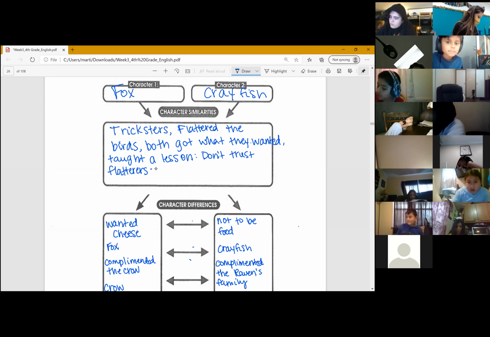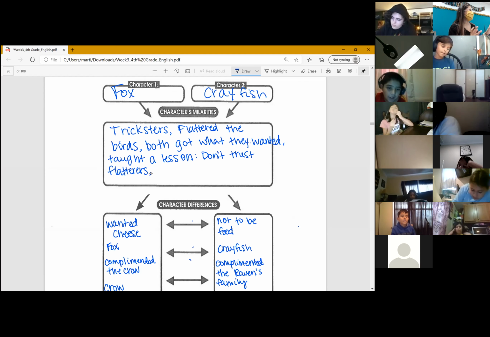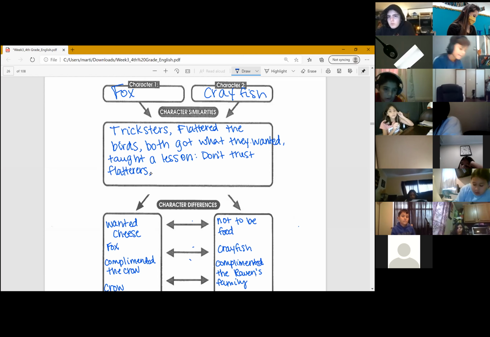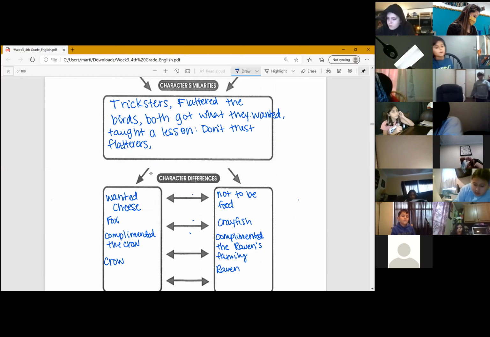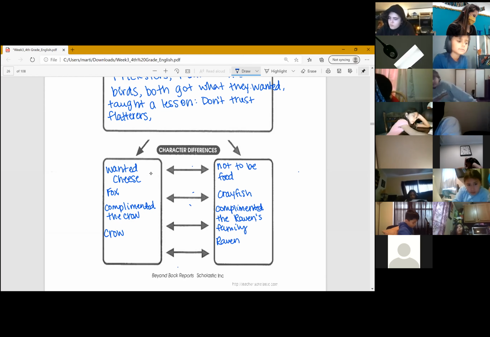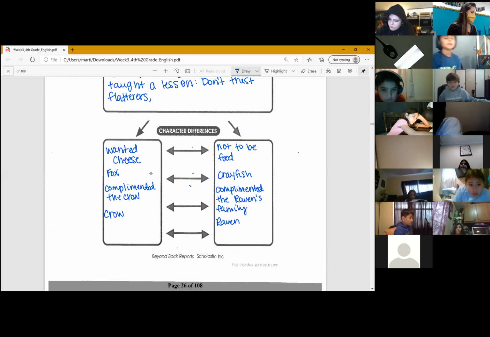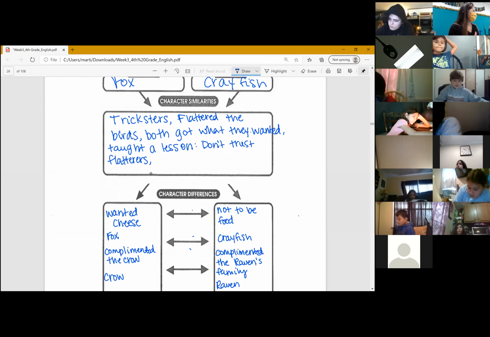Can you think of anything else? Between the characters, we are discussing the characters, not the stories, right? Would you say that the fox's flattery was selfish and the crayfish's flattery was not?